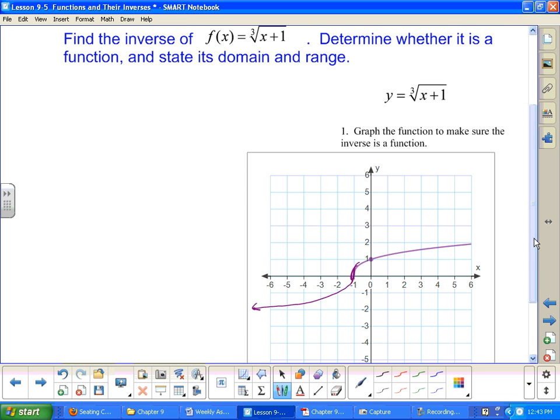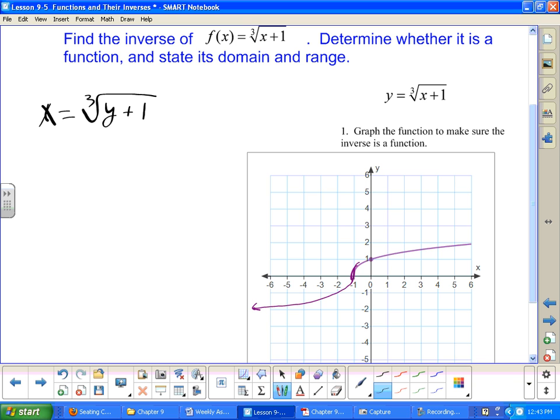So we're going to switch x and y and solve for y. So what's the first thing I do to solve for y? Okay, we got to get it by itself. So what do I do first to get by itself? Okay, I need to get rid of the radical, and I need to get rid of that plus 1.